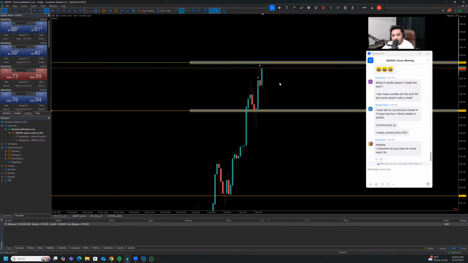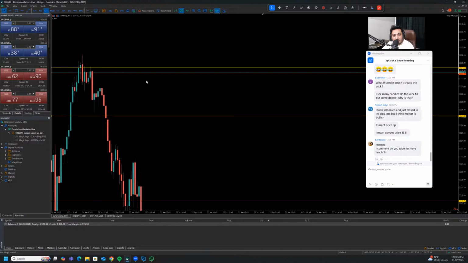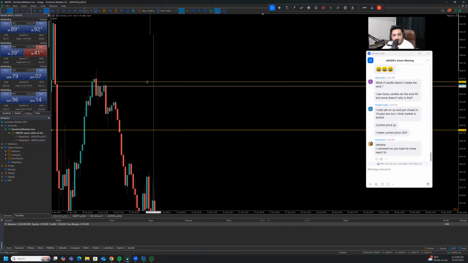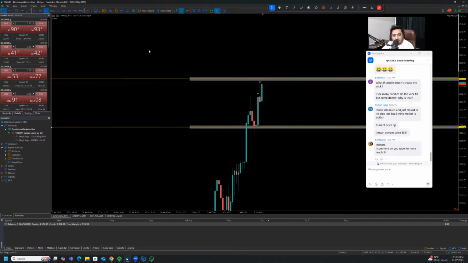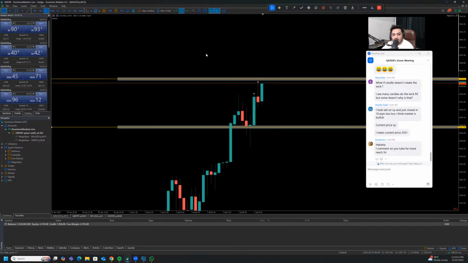That will be better, because if we look at the left hand side, we are right now standing at the resistance from where the market already rejected. So it would be better if we wait for some kind of break of structure here to give our trade a chance. That makes sense.